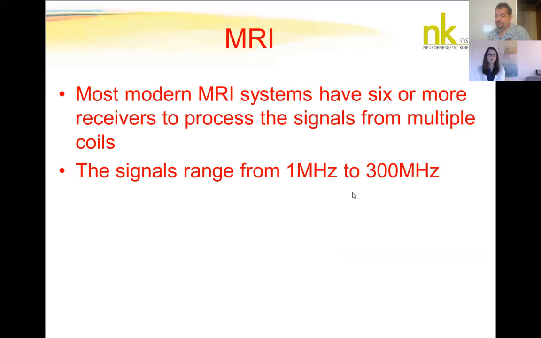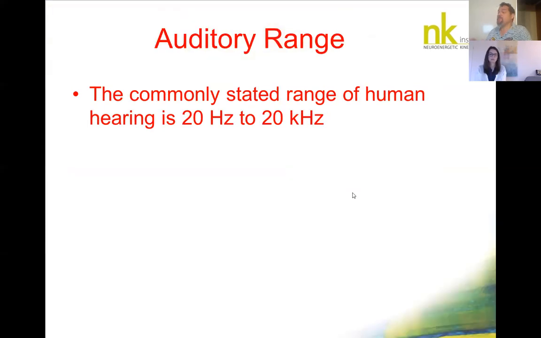Und hier haben wir im MRI 6 oder sogar mehr von diesen Spulen, wo diese Signale eine Bandbreite haben von 1 bis 300 Megahertz. The auditory range is about 20 hertz to 20 kilohertz. Und die auditive Bandbreite, die wir als Menschen wahrnehmen, reicht von 20 Hertz bis 20 Kilohertz.